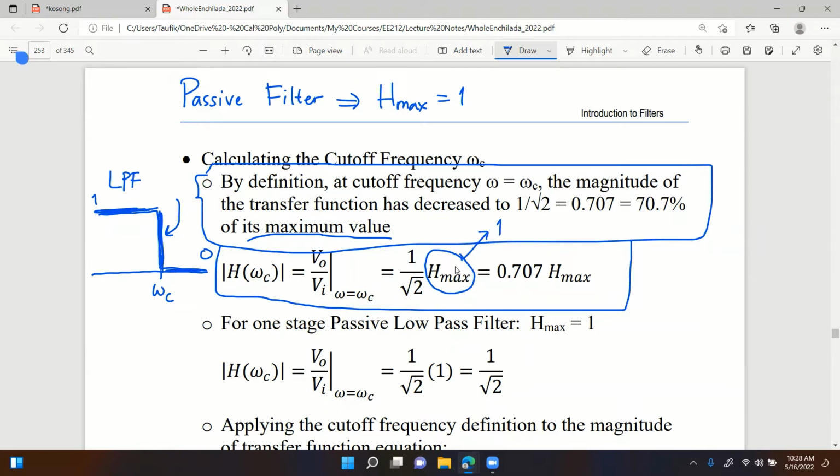Therefore, the gain at the cutoff frequencies for passive filters would be 0.707, which is equal to 1 over root 2. That's how you define cutoff frequencies. When the gain has decreased to 0.707, that's when you can define the cutoff frequencies.